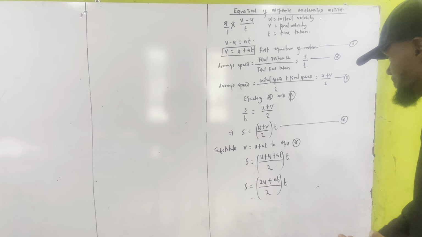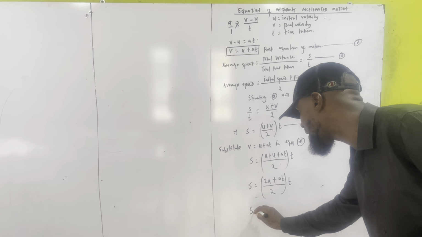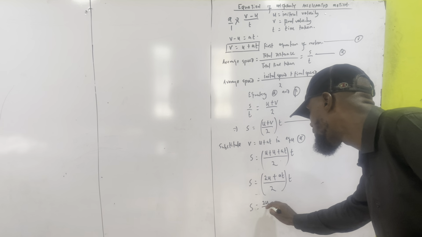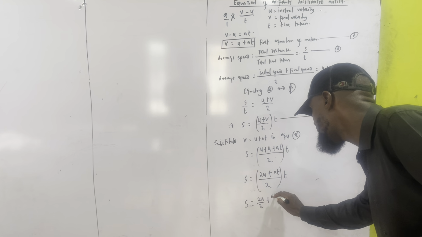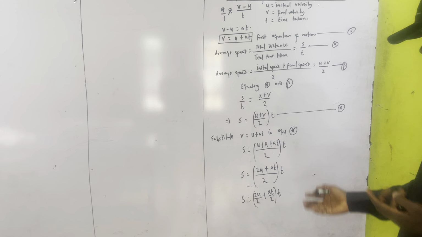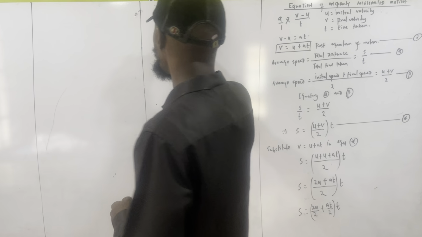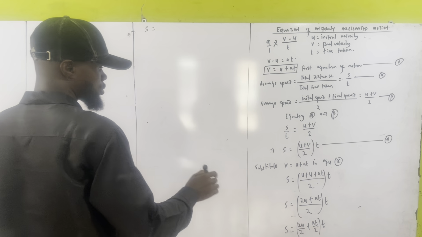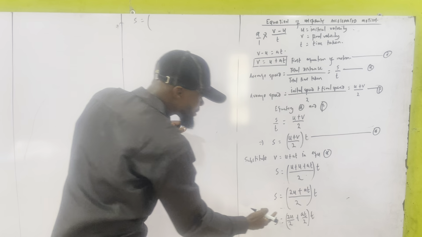Breaking it up, s equals 2u over 2 plus at over 2, multiplied by t.